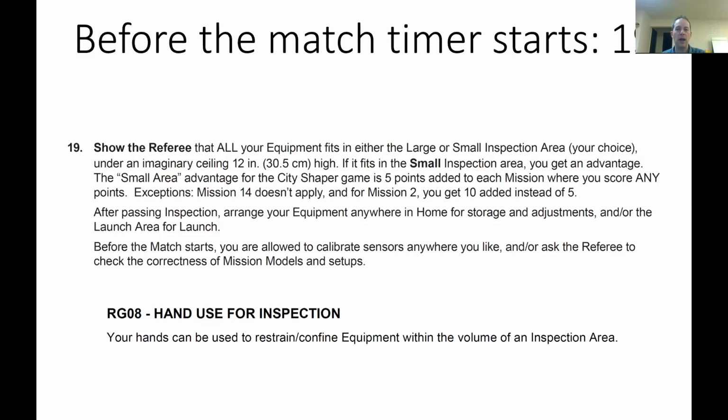I expect, having just noticed this, that there will be a robot game update to clarify whether those mission models have to fit within your inspection area, or whether you can just put them in the other inspection area during inspection. But my reading of it currently is that you can put it in the other one.